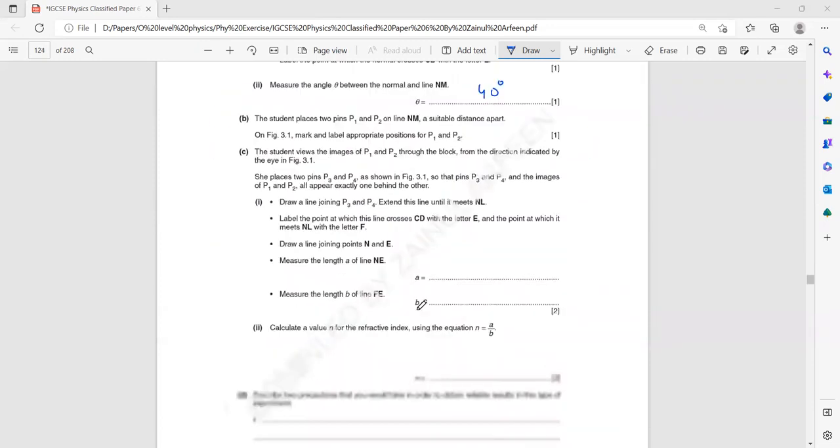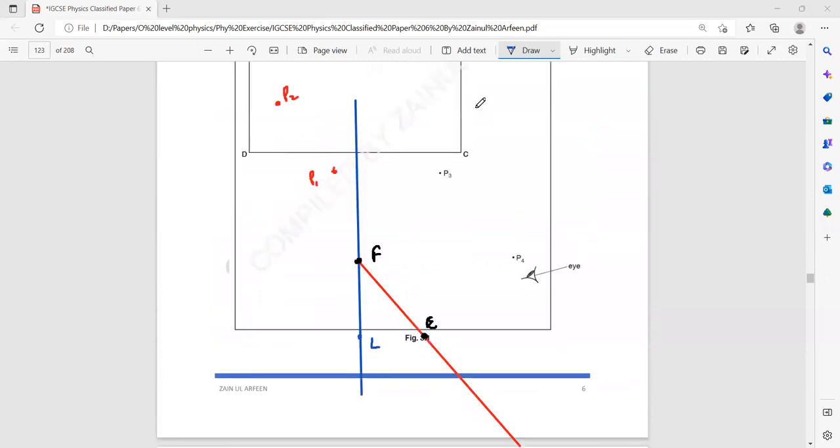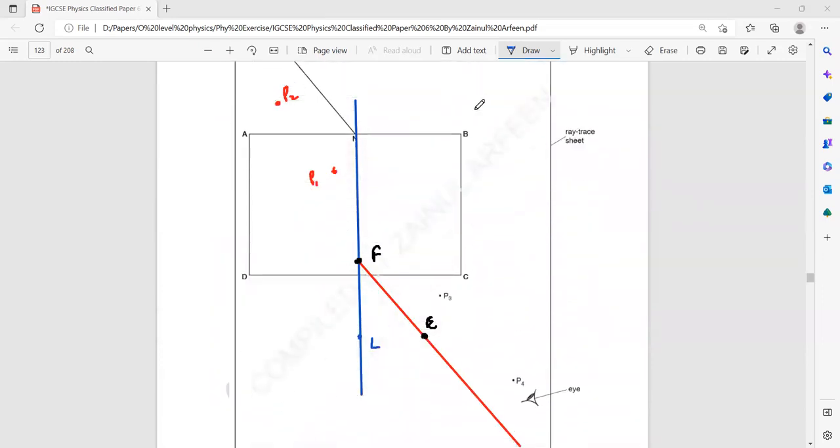Then after drawing this, you have to measure the lengths NE and FE.